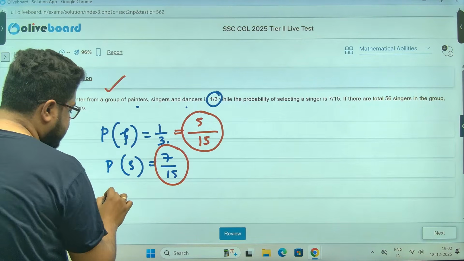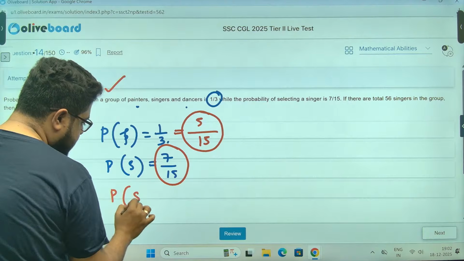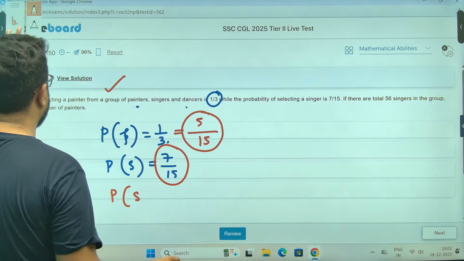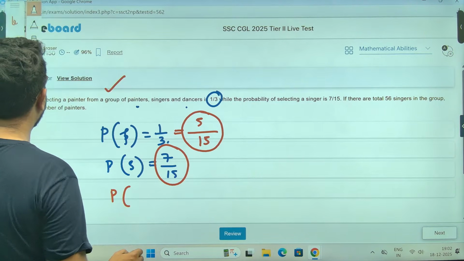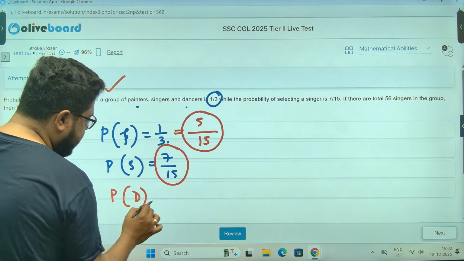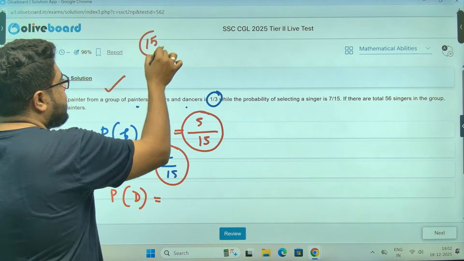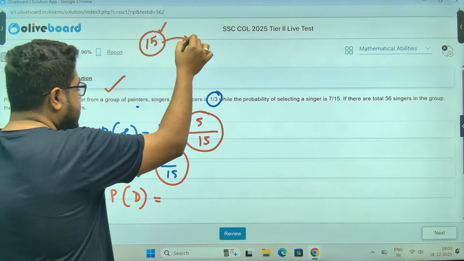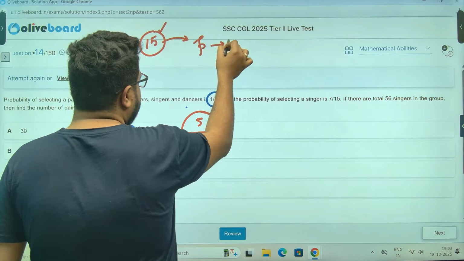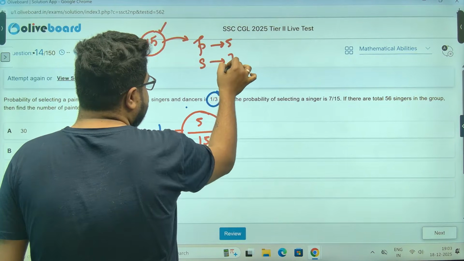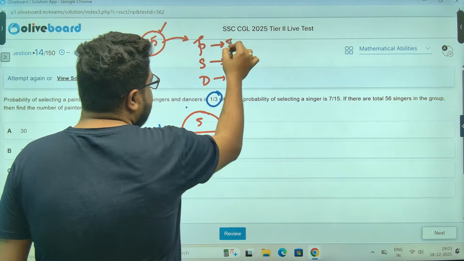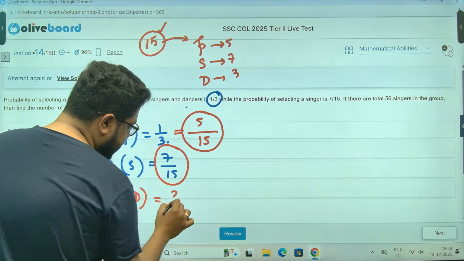But what about dancers? Probability of selecting dancers: in the 15-member group, total there are 15 members. I'm assuming painters are 5 and singers are 7. So dancers are how many? 12 gone, so 3. So this will be 3 by 15.